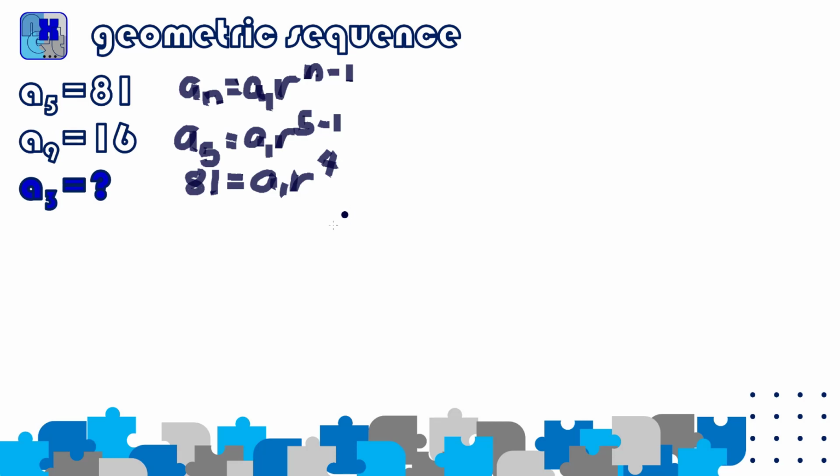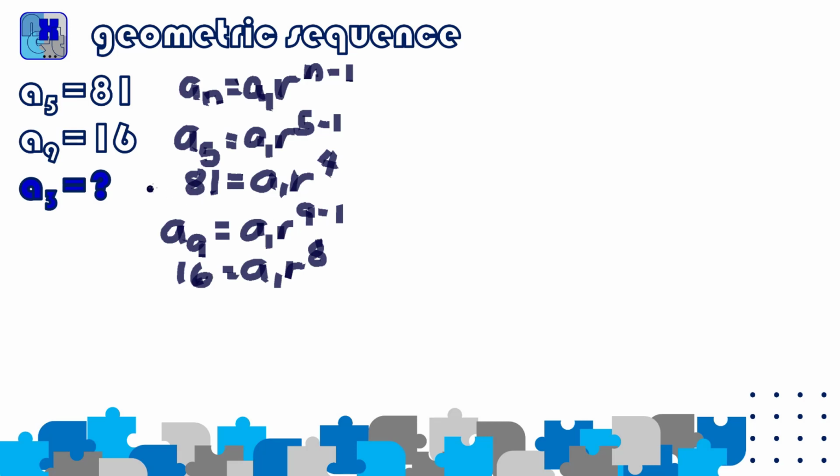We also don't know the value of the common ratio. Next, our ninth element is also a result of multiplying our first term by r to the power of 9 minus 1, which gives us this second equation: 16 is equal to a sub 1 r to the power of 8.